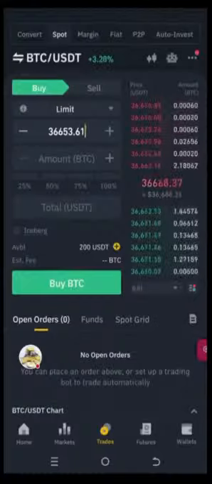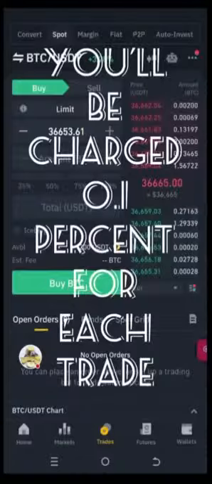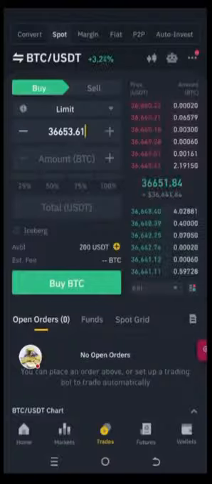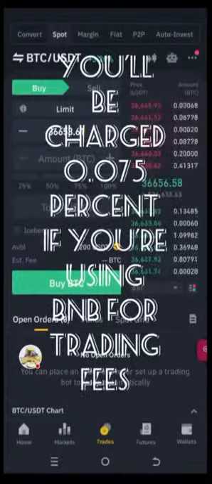Now, of course, you should realize that in the spot trading section here, you're going to be charged 0.1% on any trade, and if you're using BNB for your trading fees, you will be charged less, like 25% less. You'll be charged 0.075, something like that.